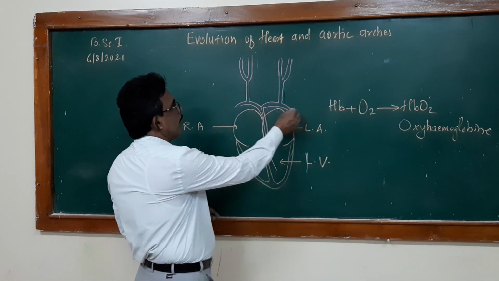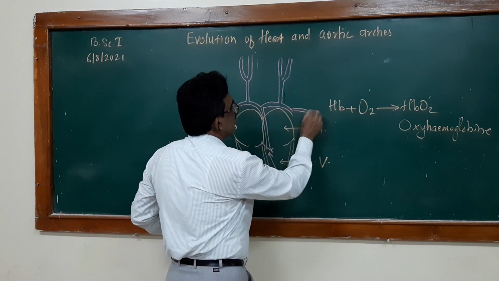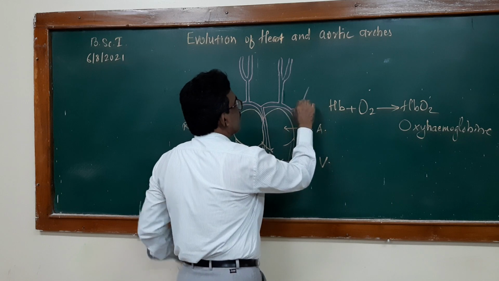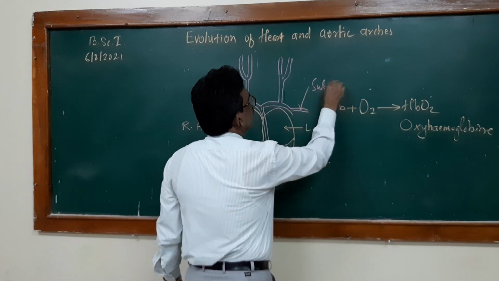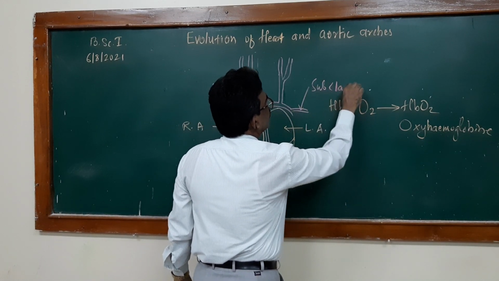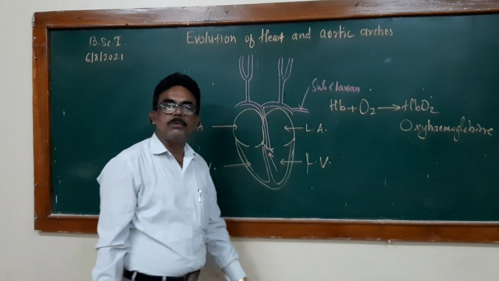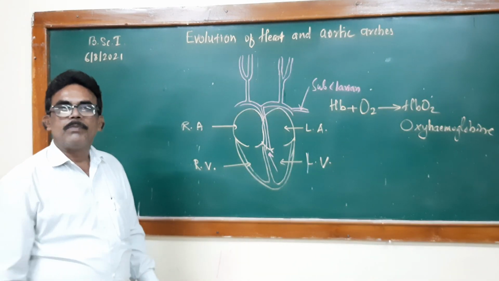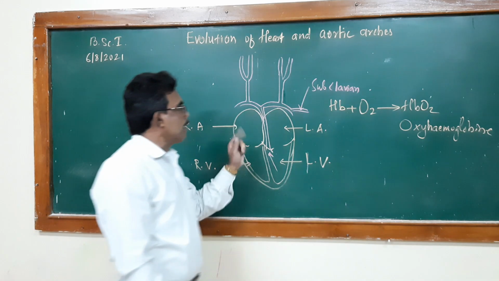On both sides there will also be the subclavian, which supplies the forelimb, or hand in human beings.